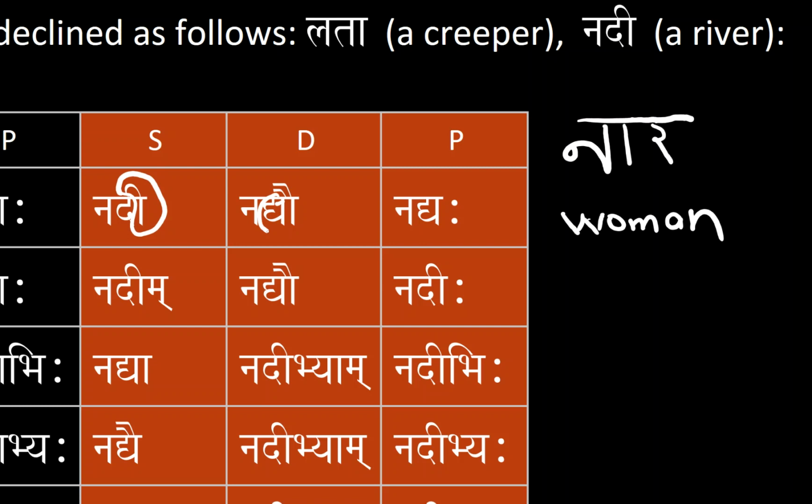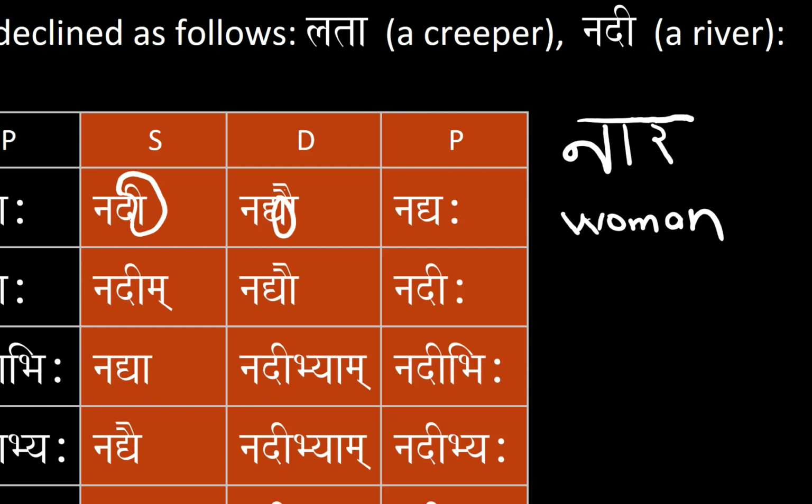This is a half ya attached to a ra. A half ra plus a ya gives you that letter, rya. In nadi we have nadyau; this would be naryau.